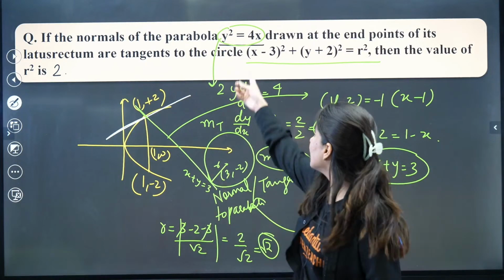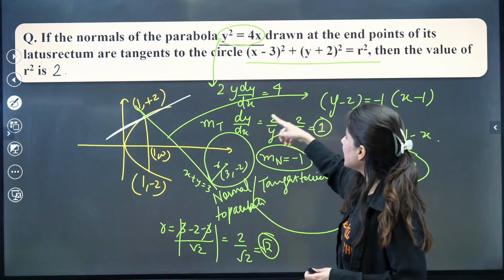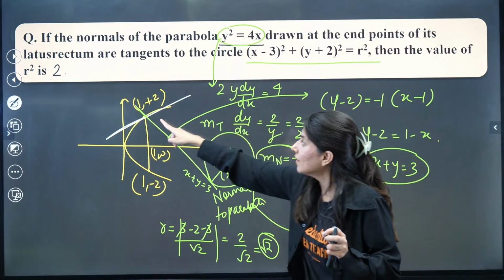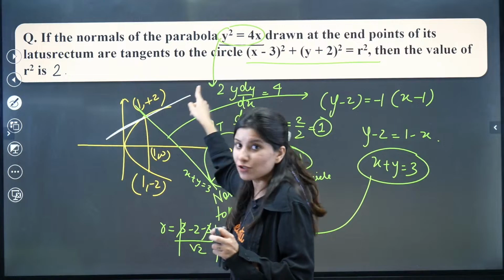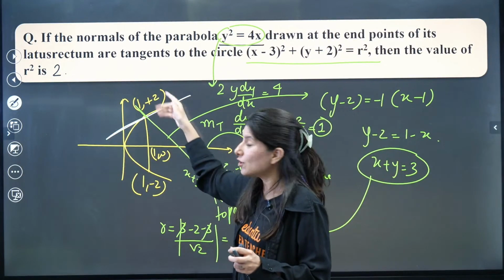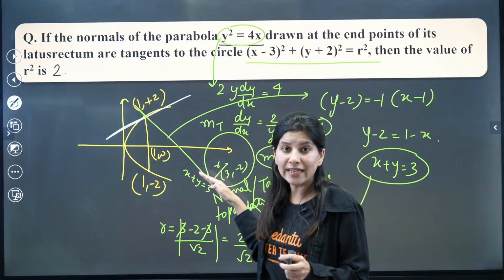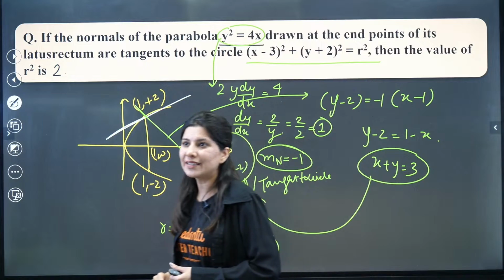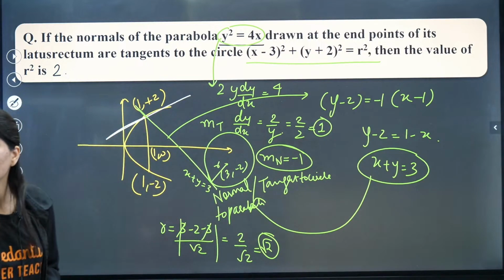So if I differentiate this curve, dy by dx is 2 by y. If I know the y coordinate of that point, we can know the slope of the tangent. Slope of tangent is 1. And if I know the slope of tangent, its perpendicular line, that is the slope of normal, is also known to us, which is minus 1. I hope that this is clear.